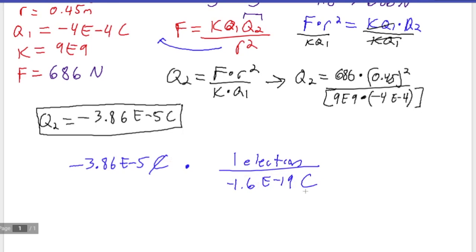Coulombs on top here, coulombs on the bottom there, those cancel out. All I do is multiply through, and I find out that I need 2.41 e to the 14th electrons in order to make this person float.